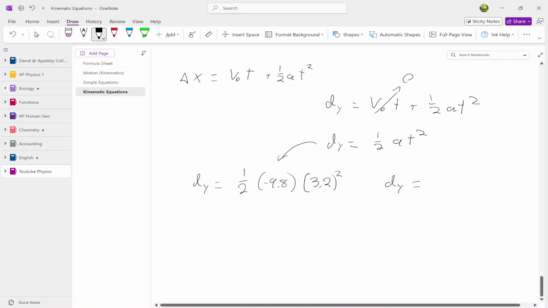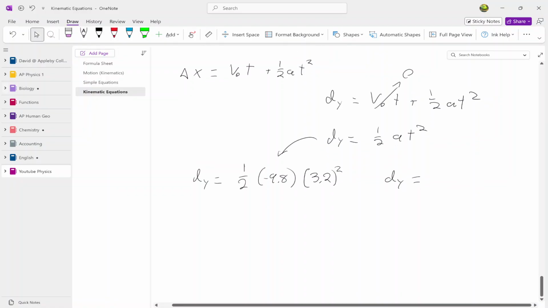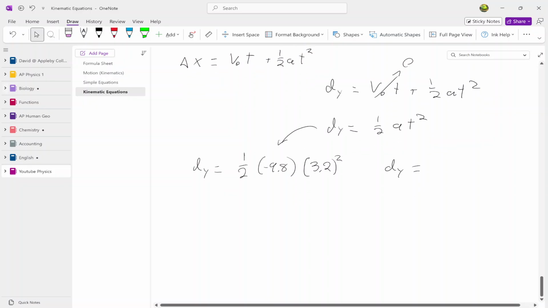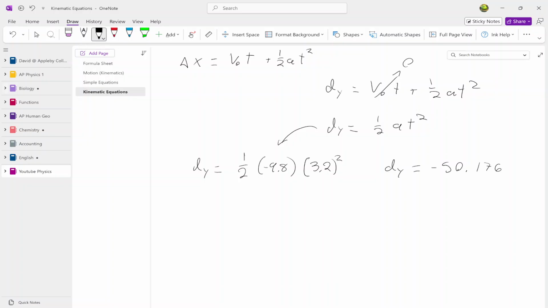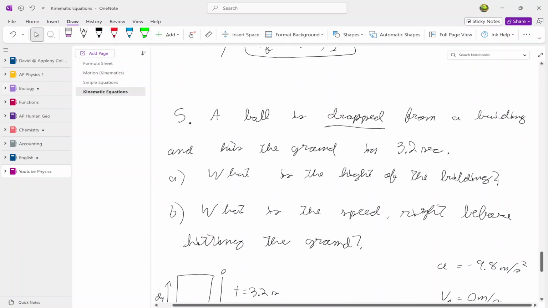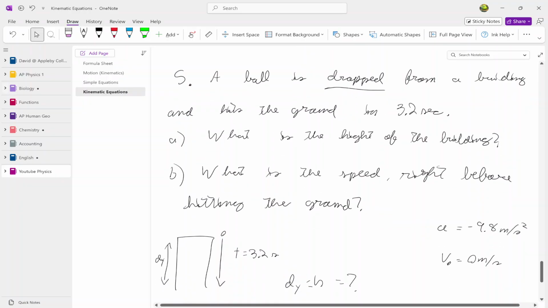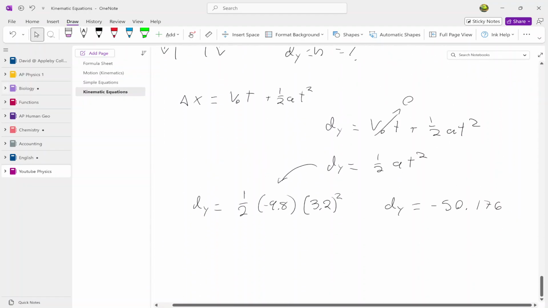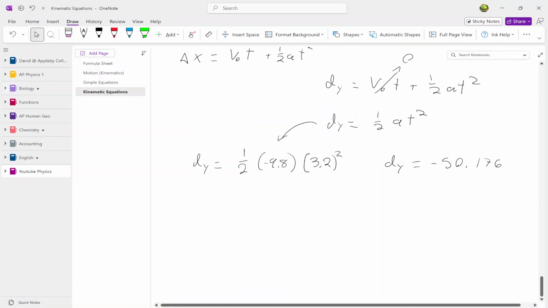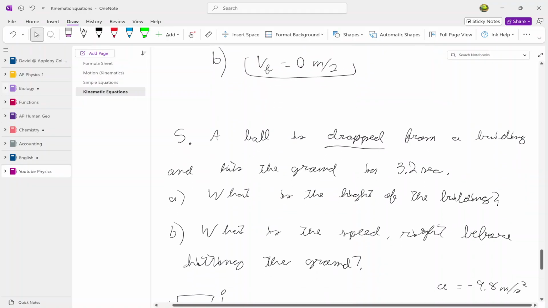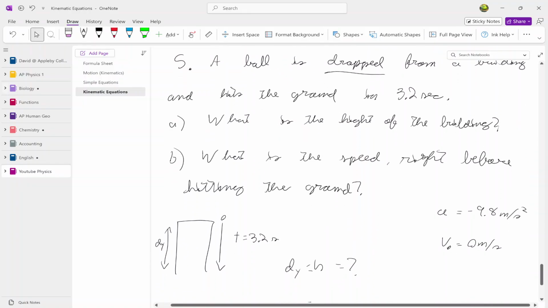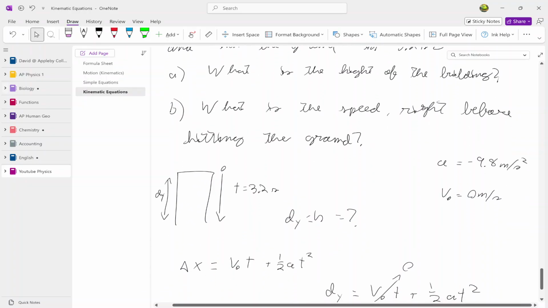So dy equals 0.5 times 9.8 times 3.2 squared.